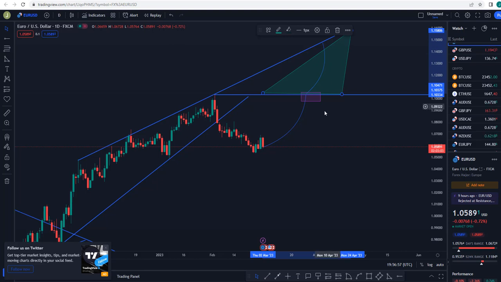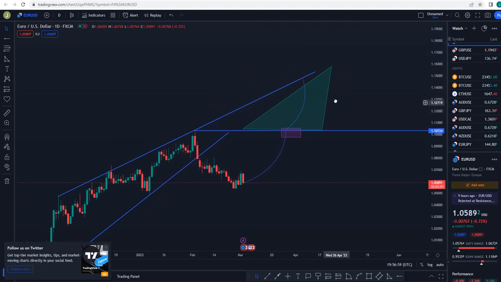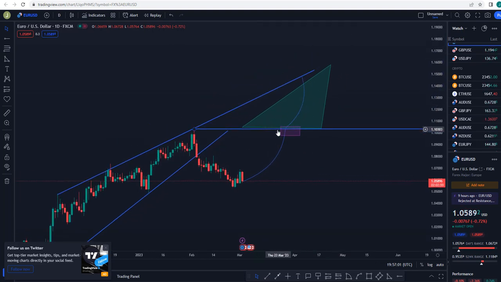So if you look at it here, this triangle is where there are liquidities, a lot of stop losses. But people who sold here put their stop loss above here. So the longer the price is ranging here, the higher the price can go, because there will be a lot of accumulation of orders, both the sellers and the buyers.